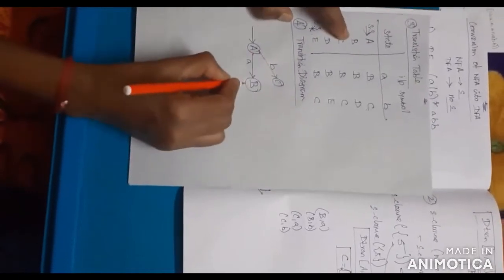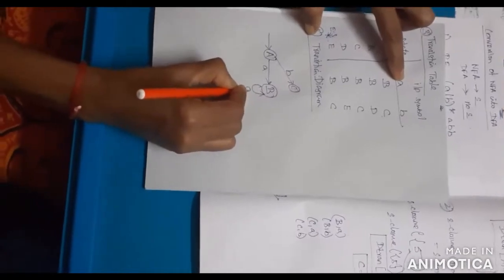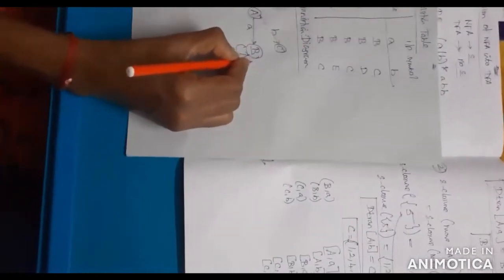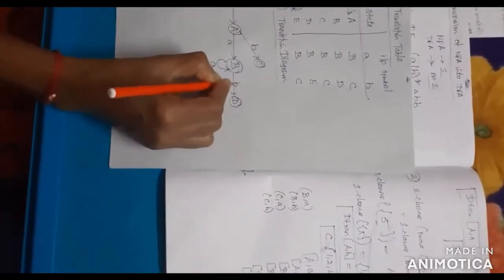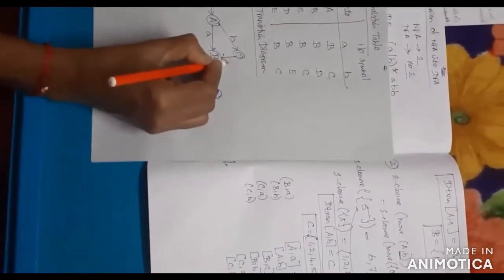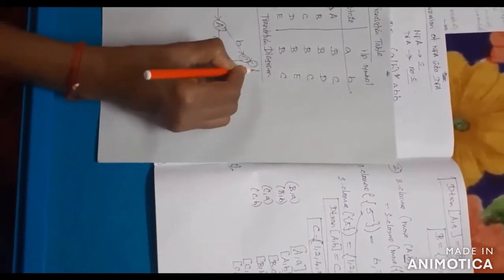Then check B. B comma A is B, a self loop; you indicate the input symbol a. Next, B to D on small b. Next is C to A, state A. Then C to B, C, a self loop for input symbol b.